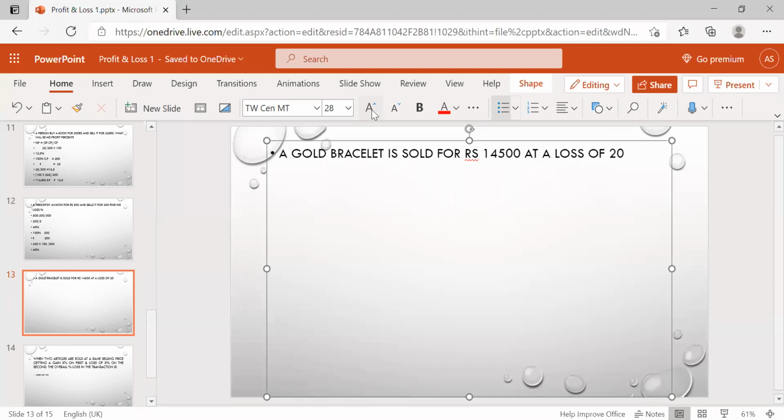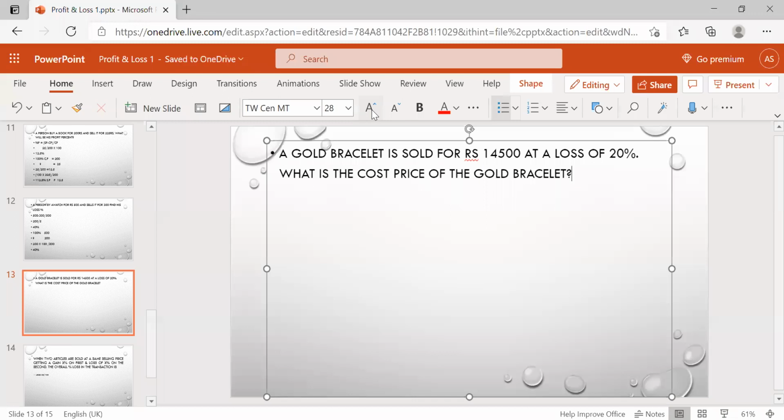Then what is the cost price of the gold bracelet?